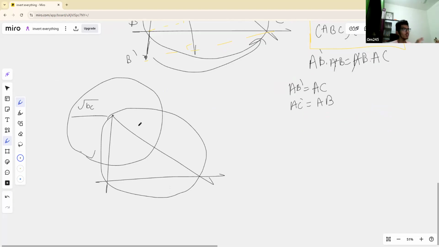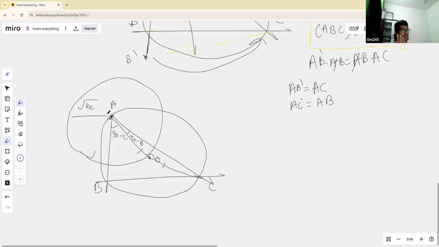Whenever I say root BC, it is supposed to mean you take the inversion and reflect. Now we have ABC, and consider circumcenter O. Then this angle is 90 minus B. You can work it out because this angle is 2B and these two lengths are equal. So it's 90 minus B, and this is 90 minus C.